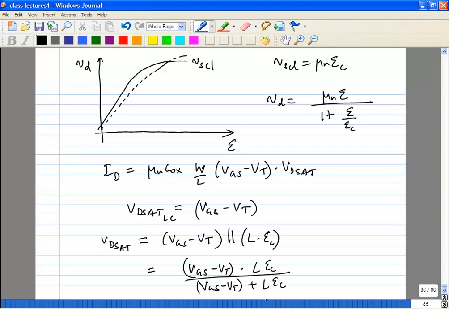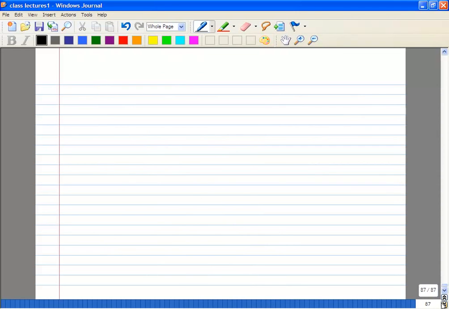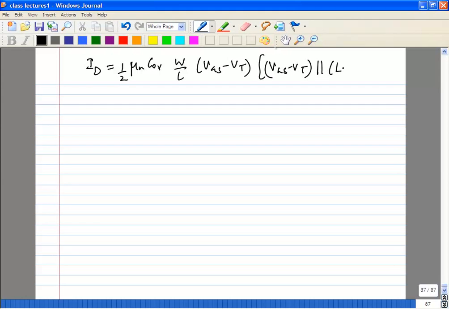So now we'll replace this VD sat in the current to voltage expression. You can show that this is the expression for the current. So what does this mean?